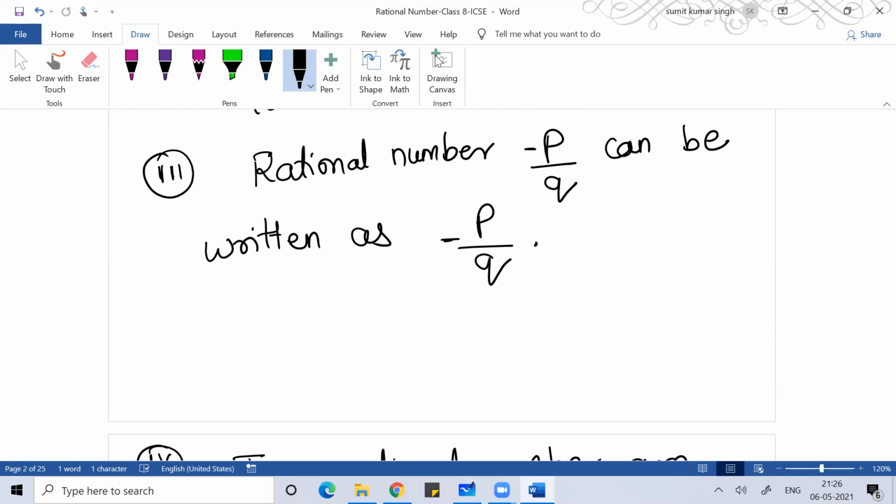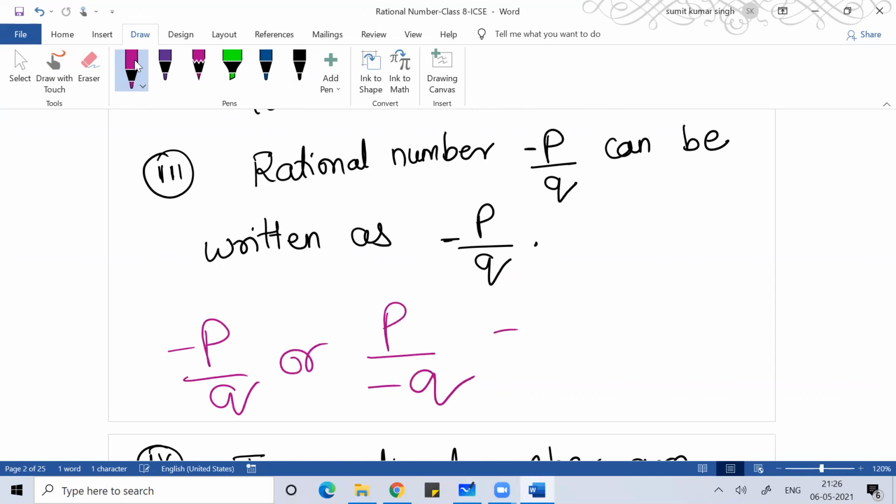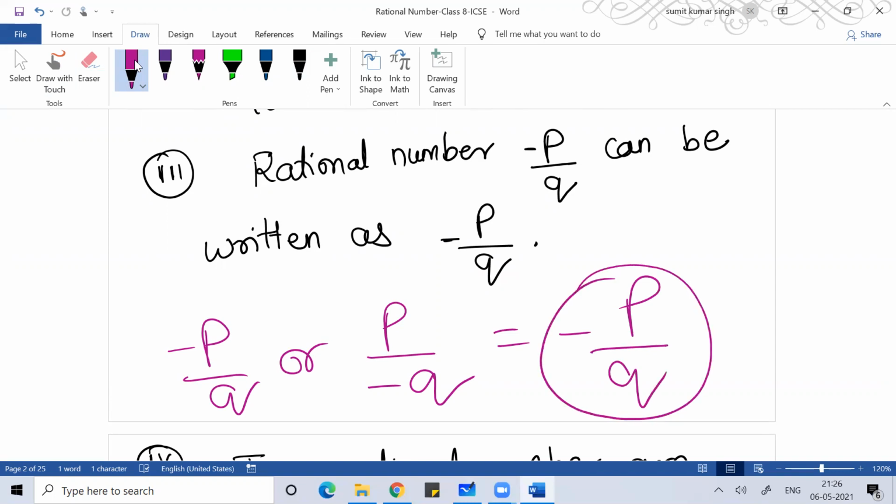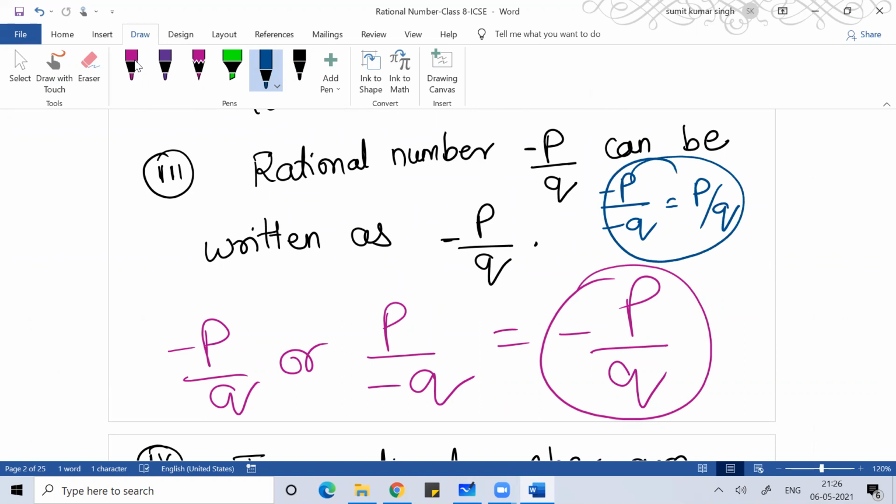Whether your number is minus p by q, or p by minus q, that is nothing but minus p by q. And if your number is minus p by minus q, that is equivalent to p by q. I hope you understand it.